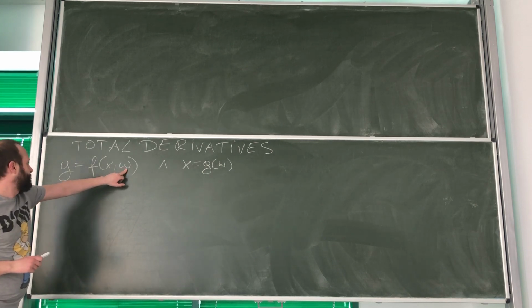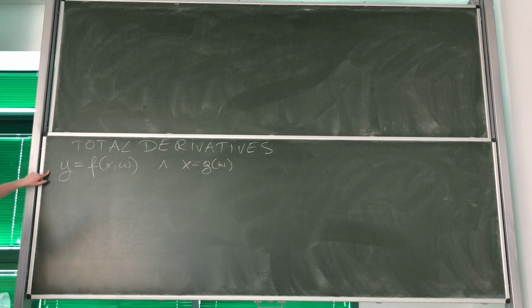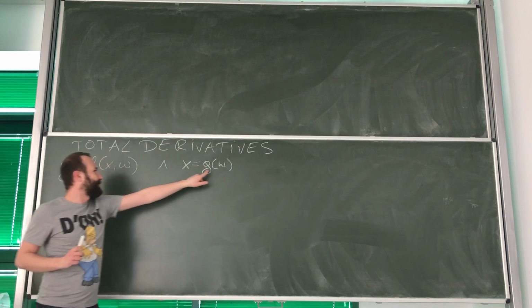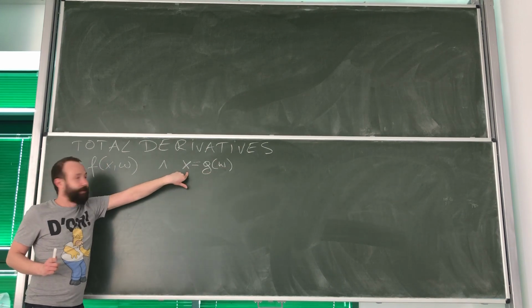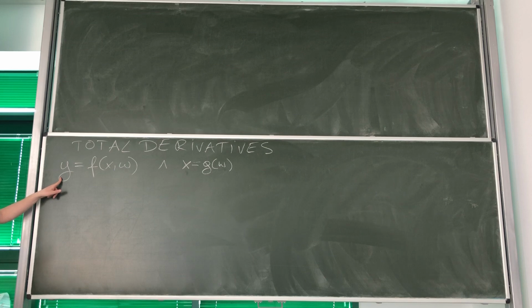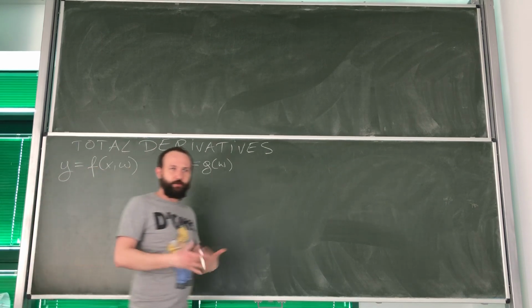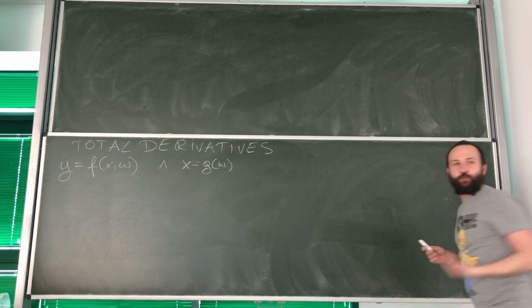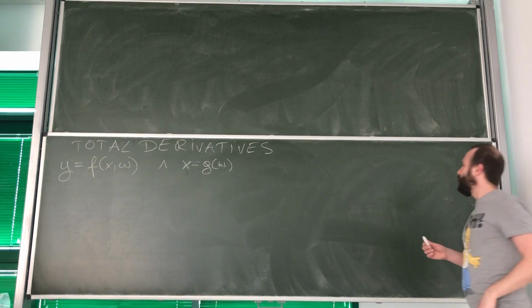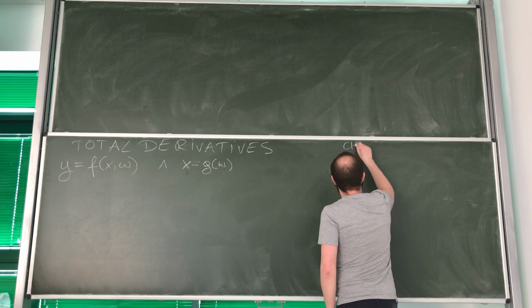X and w influence y. However, w also influences x, that in turn is going to influence y. How can we capture all these relationships? In order to do so, we create something that we call a channel map.